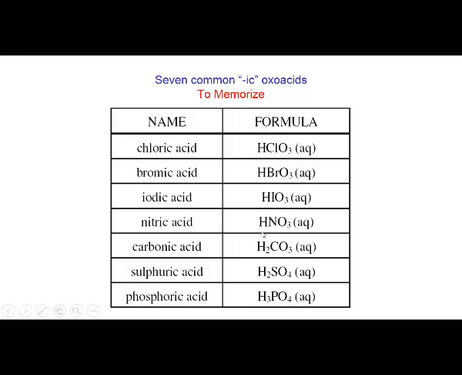Nitrate, -1 charge, only 1 hydrogen. Carbonate ion had a -2 charge, so we have 2 hydrogens in the neutral formula of the acid. Then we had sulfate, which had a -2 charge for the oxo anion, so its acid formula has 2 hydrogens. The phosphate ion had a -3, so I would have to have 3 hydrogens present in its formula.